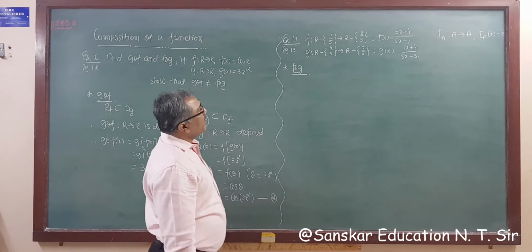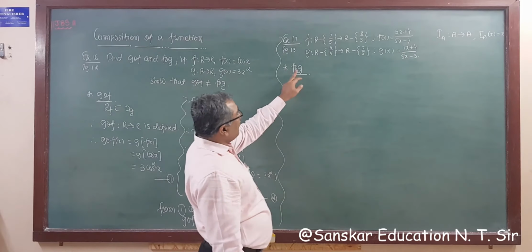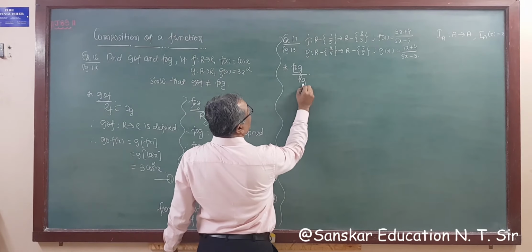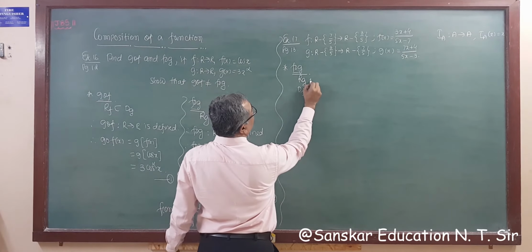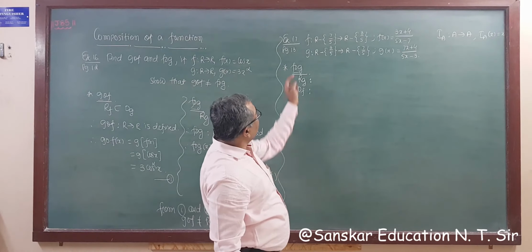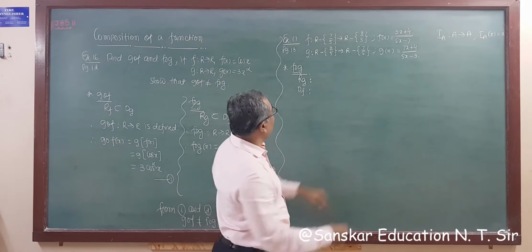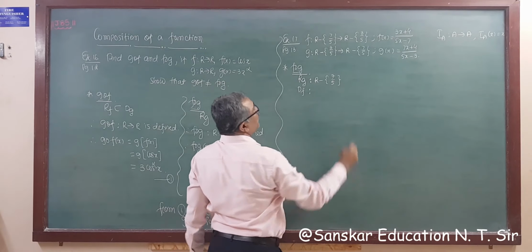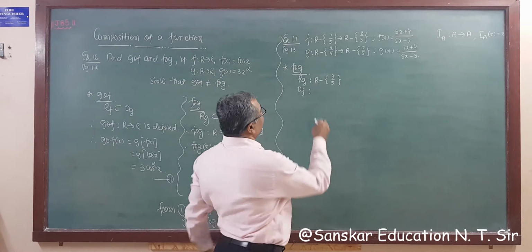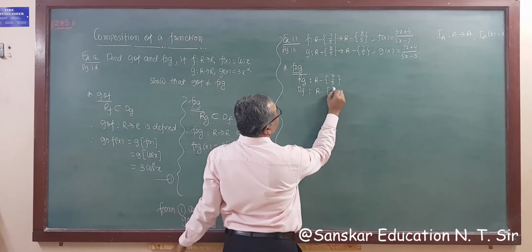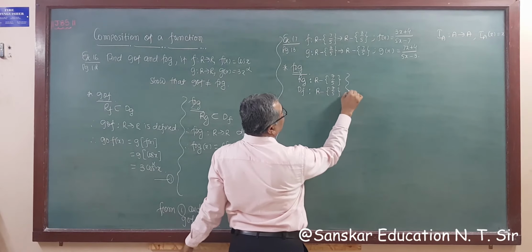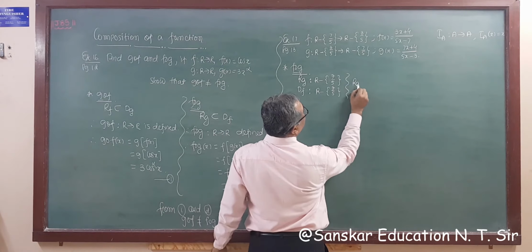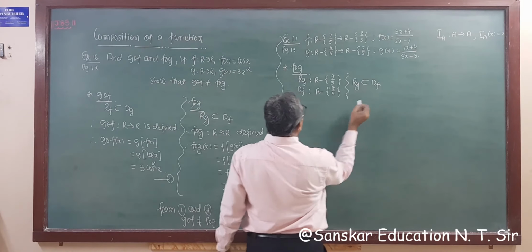So now for f over g, what do we require? The range of g and the domain of f. So what is given here? The range of g is R minus 7 by 5, and the domain of f is the same, R minus 7 by 5. So clearly the range of g is a subset of the domain of f.